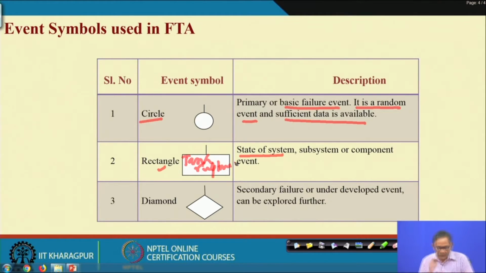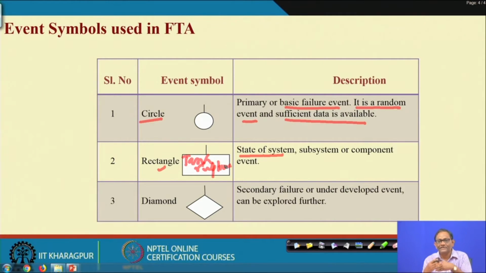Okay. So, then diamond. Diamond is a secondary failure, an underdeveloped event that can be explored further. What happens when you link the top event, like the tank rupture, to the bottom events up to the component level?